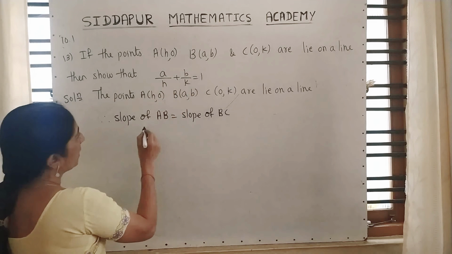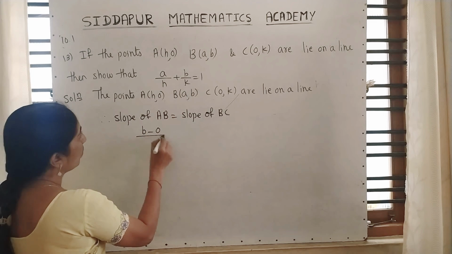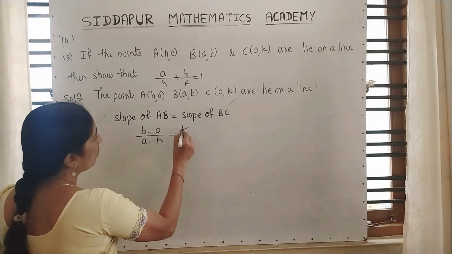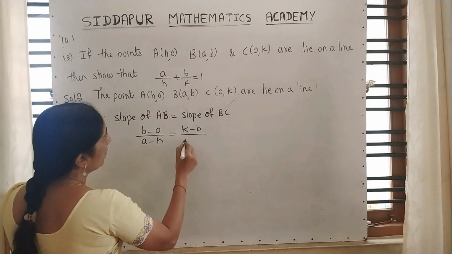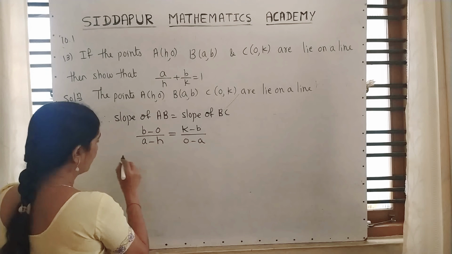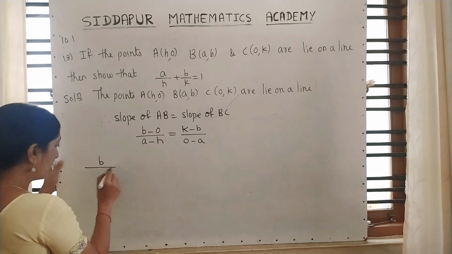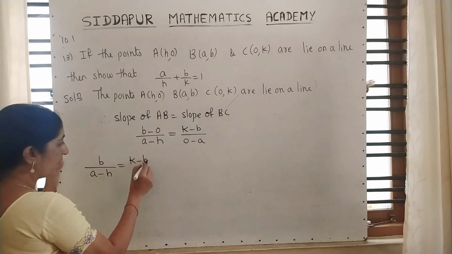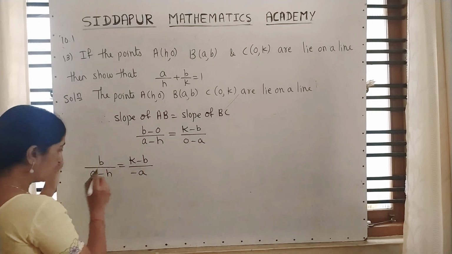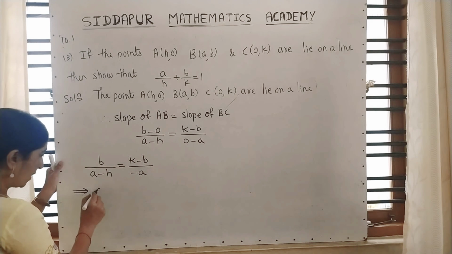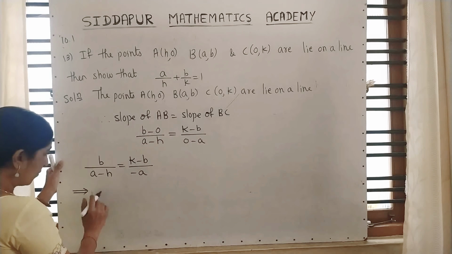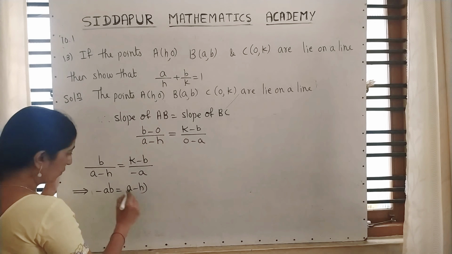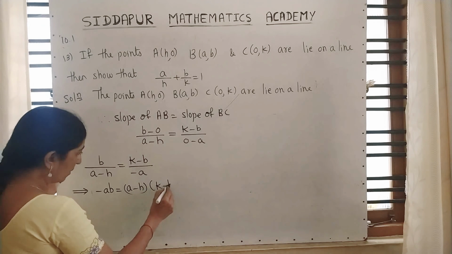Slope of AB is b minus 0 upon a minus h, equal to k minus b upon 0 minus a. That is b upon a minus h is equal to k minus b upon minus a. Cross multiply: minus ab is equal to a minus h into k minus b.